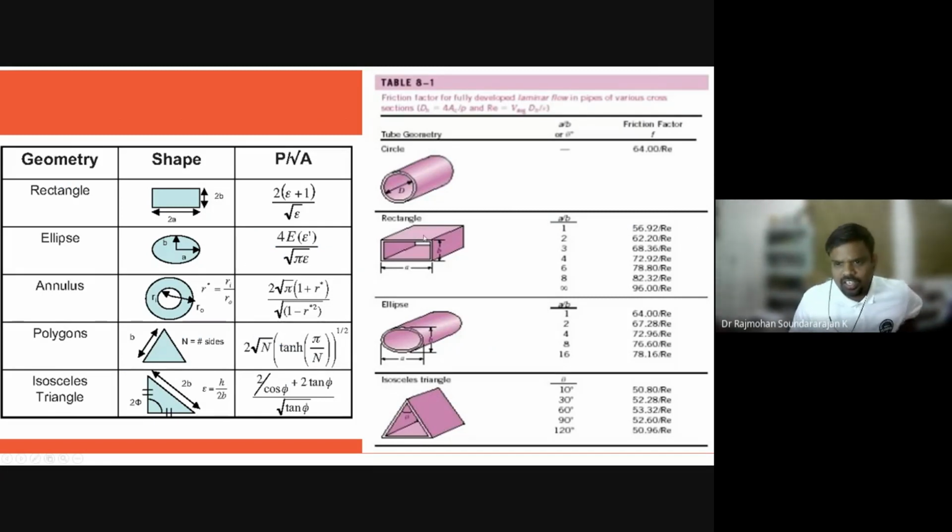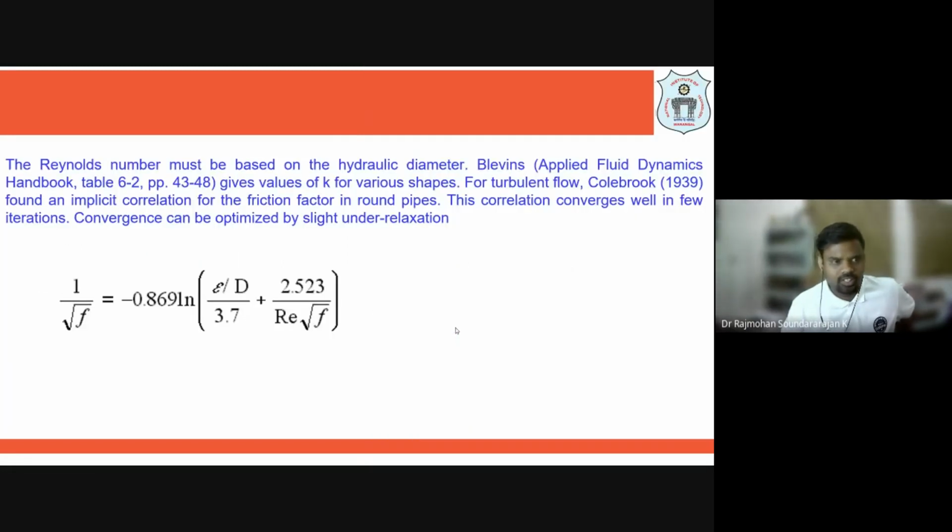If it is rectangular, the A by B ratio is different, and the constant varies from 56 to 96 by NRE. For an ellipse, it varies from 64 by NRE to 78.16 by NRE, where the A by B ratio varies from 1 to 16. Like that, even for isosceles triangles, we have different ratios to get the friction factor. So once we have the friction factor and know the hydraulic mean radius or hydraulic diameter, we can make use of the Darcy equation.